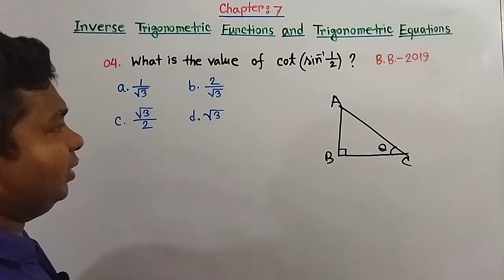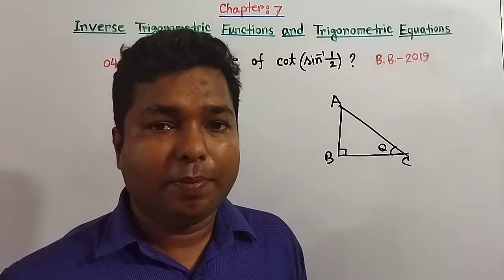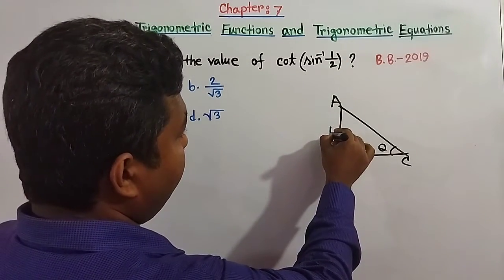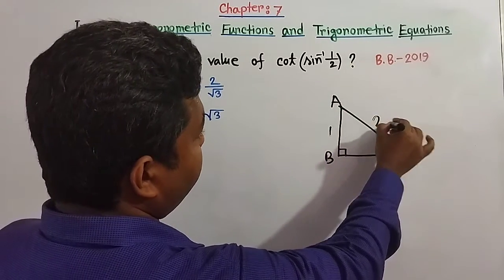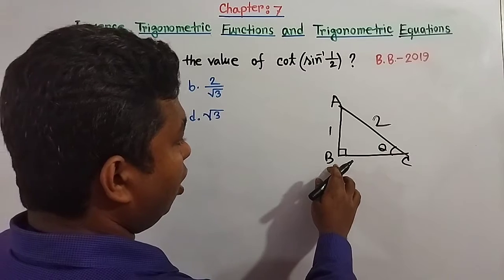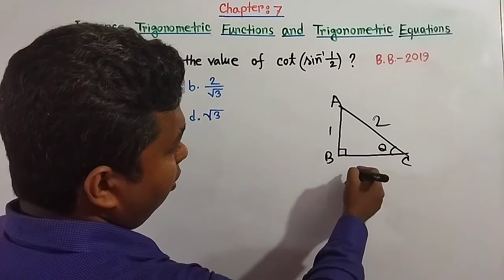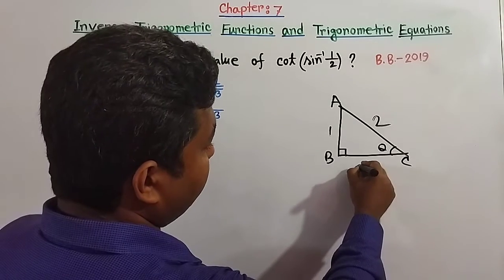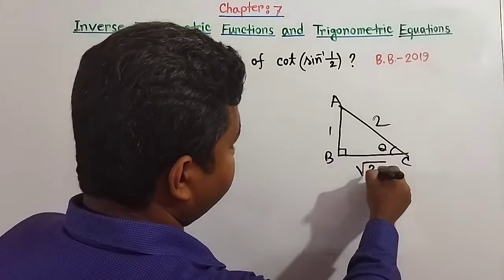We know sine theta equal to perpendicular by hypotenuse. So perpendicular will be 1 and hypotenuse will be 2. Then by Pythagoras theorem, we have to find the value of BC. Here, by using Pythagoras theorem, we will get BC equal to √3.